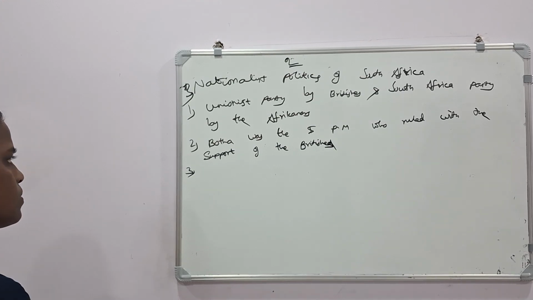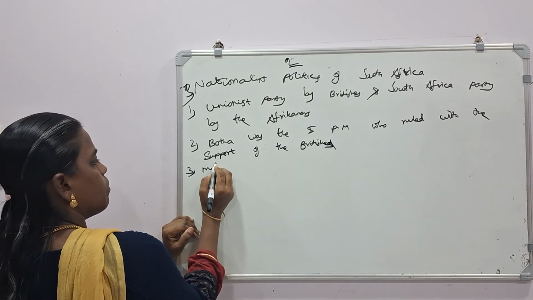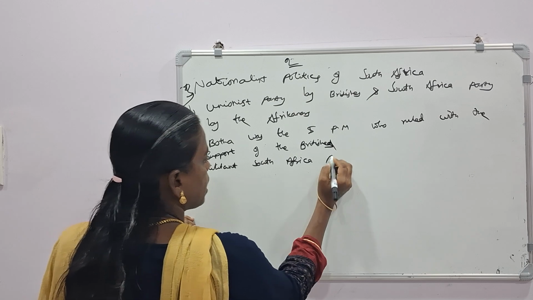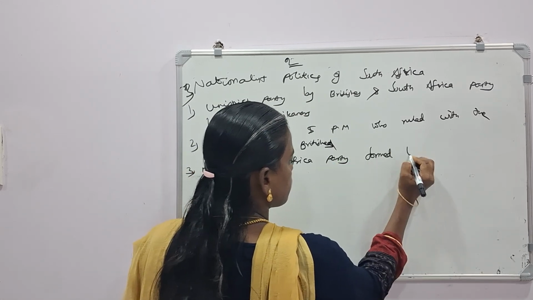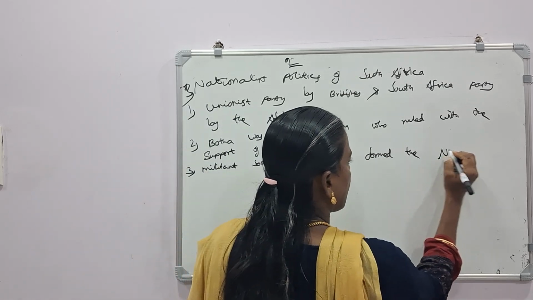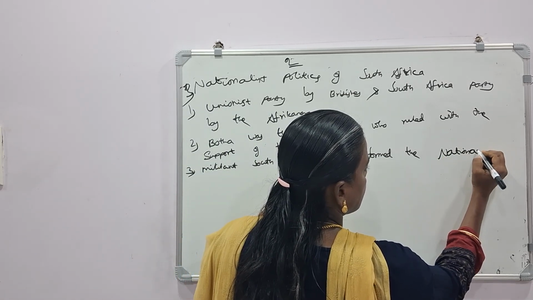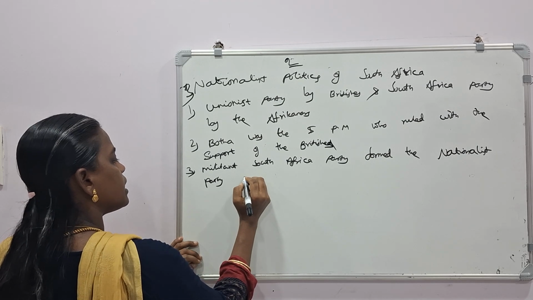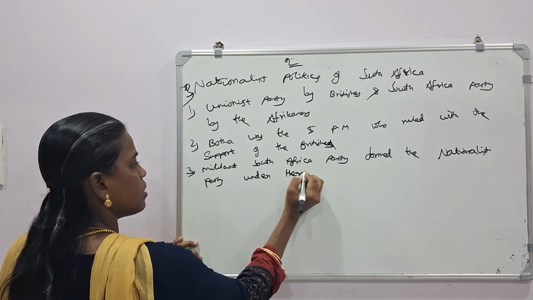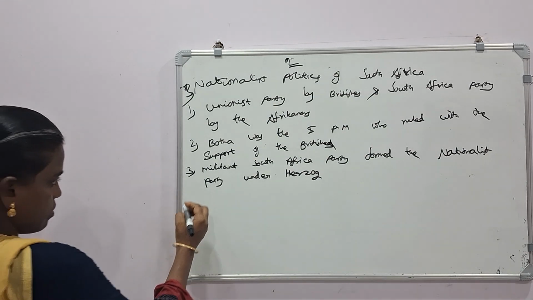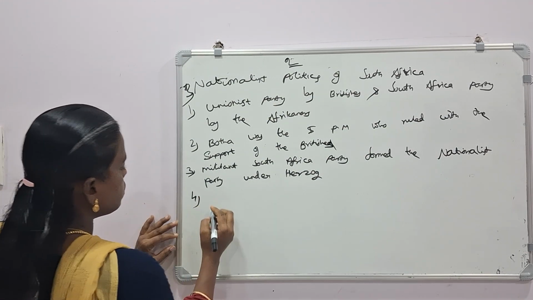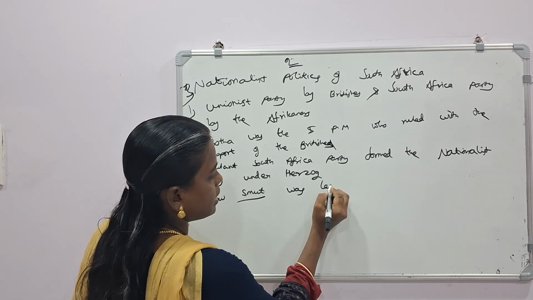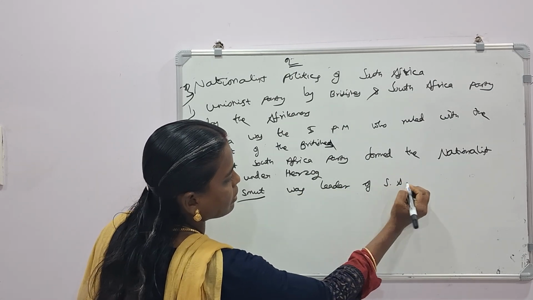Third, the militant South Africa party formed the Nationalist party under Herzog. Fourth one, Smuts, S-M-U-T-S, was a leader of the South Africa party.